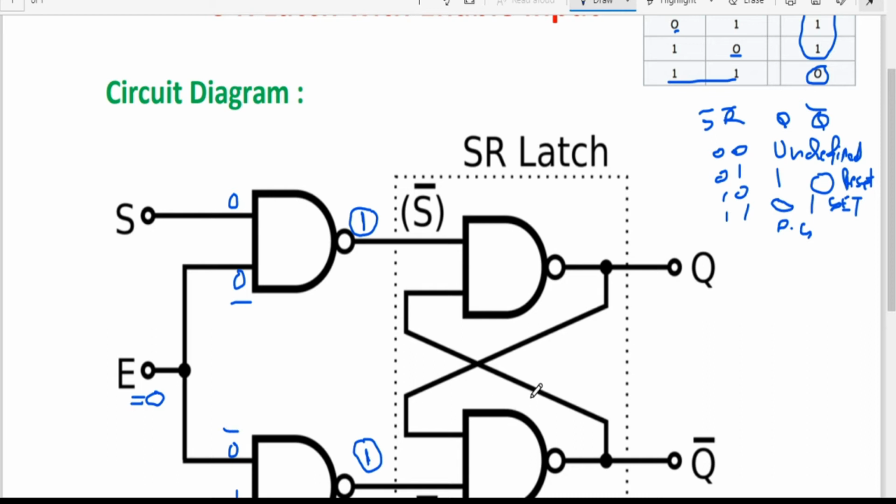Because of that, the state of Q and Q bar will be in the previous state only. Whatever state Q and Q bar are holding, they stay in the same state.